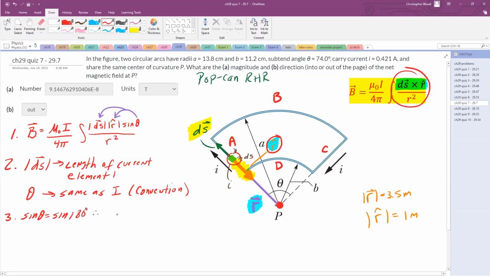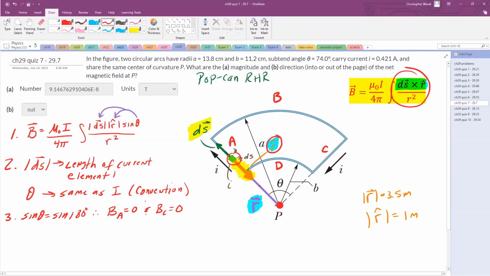Therefore, B, the magnetic field contribution at point P due to segment A, is equal to 0. And we'd have the exact same conversation for segment C, B subscript C equals 0.